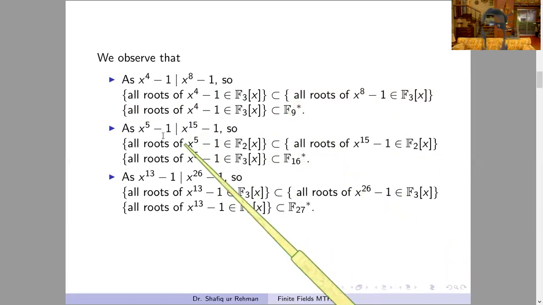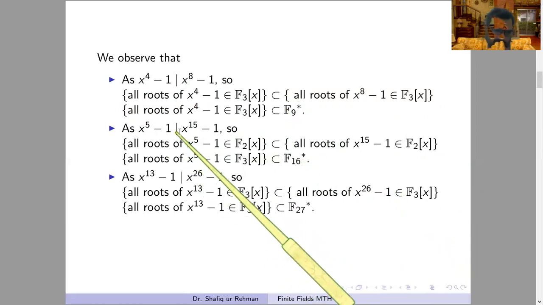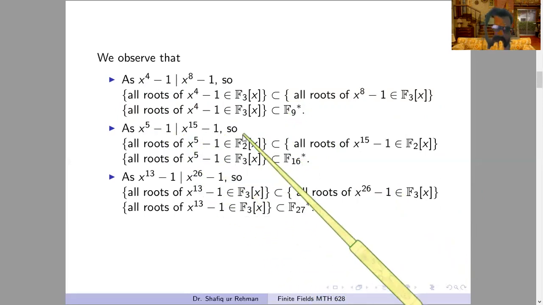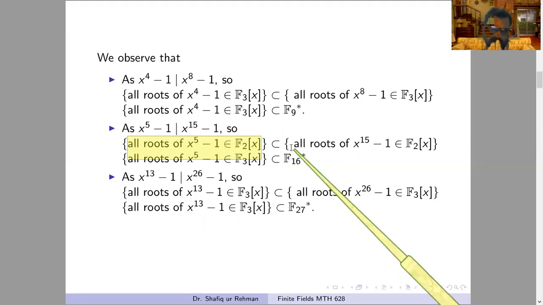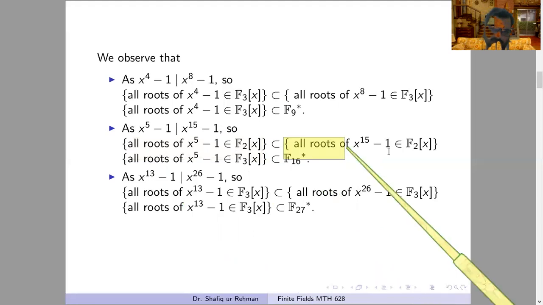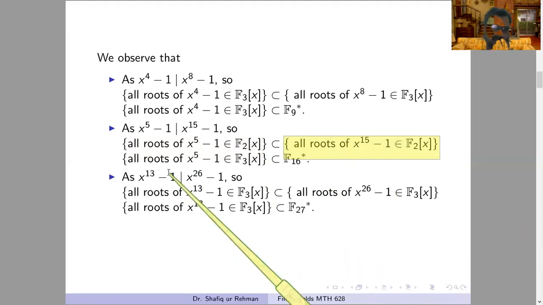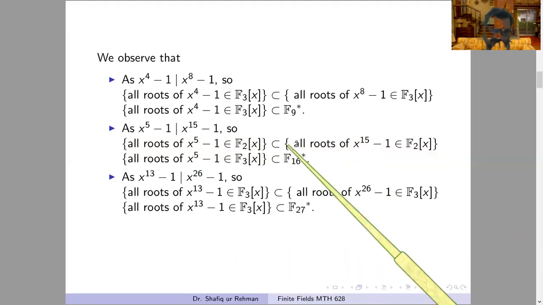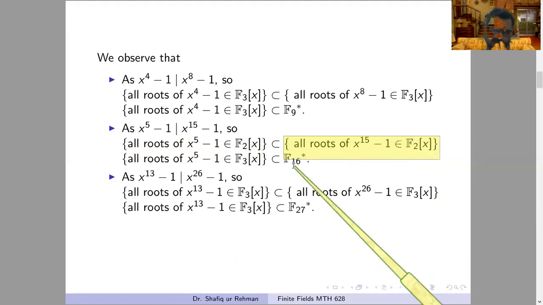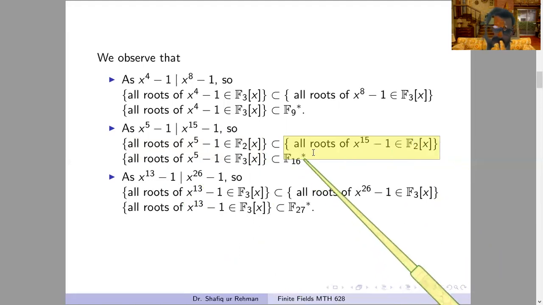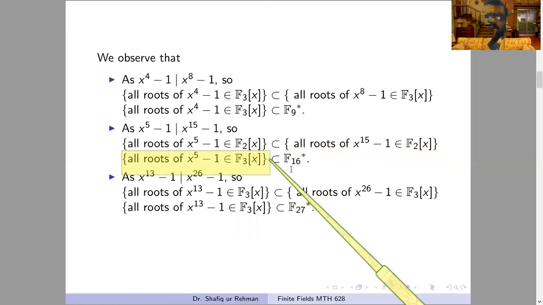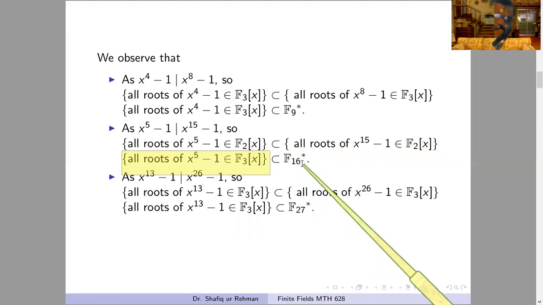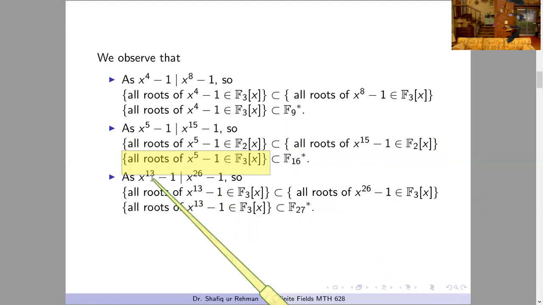Also, because x power 5 minus 1 divides x power 15 minus 1, all the roots of this polynomial will be a subset of the set of all the roots of this polynomial. But the roots of this polynomial form the set F_16 star. So we conclude that all the roots of this polynomial belong to F_16 star.